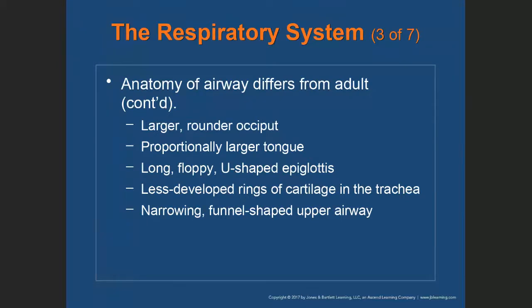There is a narrowing, funnel-shaped upper airway. All of these things that are listed on this slide, all it is saying is they're at a high risk for airway obstruction. Airway. That's pediatric.